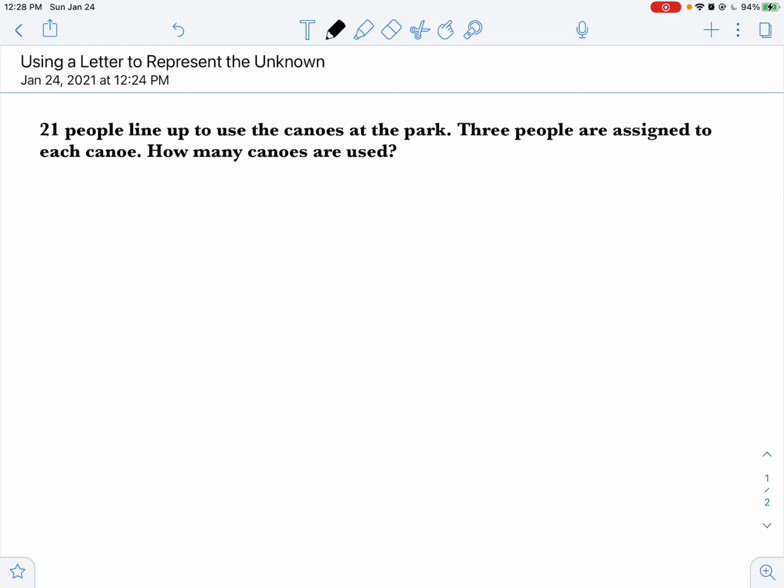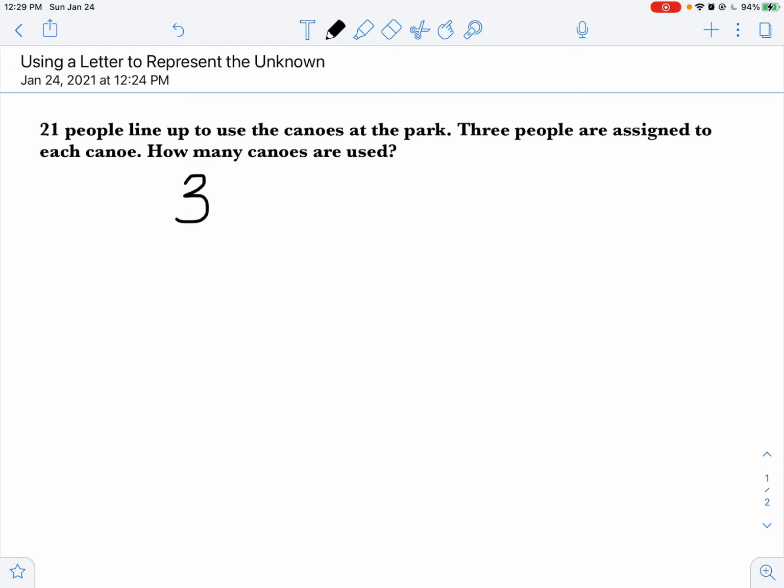All right, so I'm going to try to make a mental picture of what's happening here. I know that we've got a bunch of people in a line at a park, and they want to use the canoes. And I know that 3 people can go in each canoe, but I don't know how many canoes I need. So my number sentence can be one of 2 things.